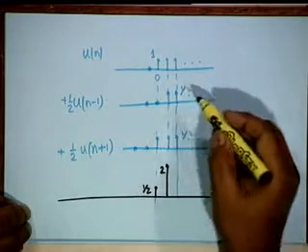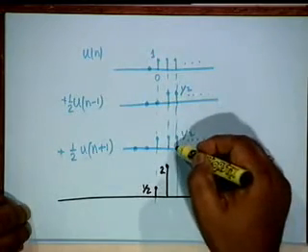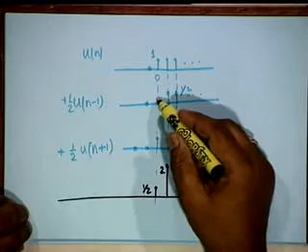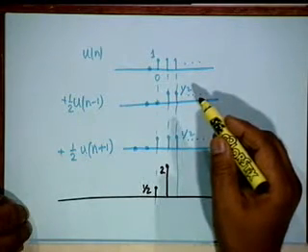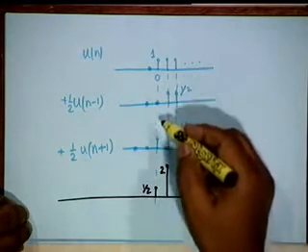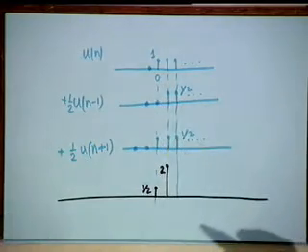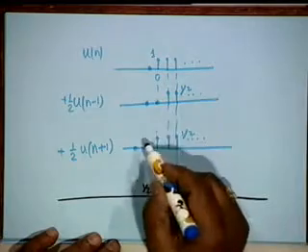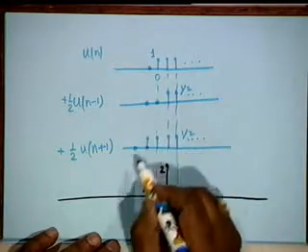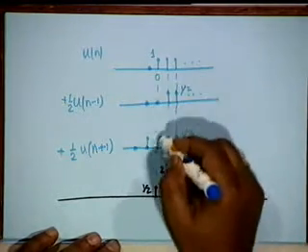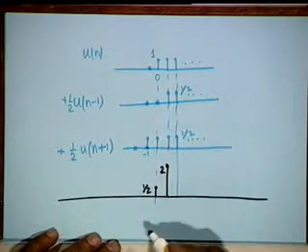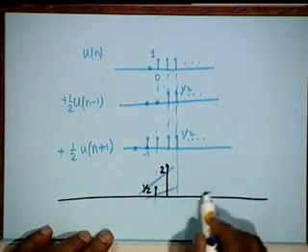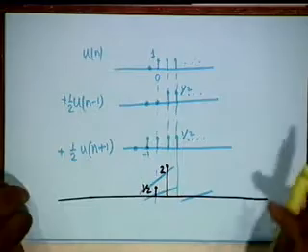I am sorry, I have made a mistake. U of n plus 1, I made a mistake. It starts from here. Agreed? This is 0, so this is minus 1, and therefore I beg your pardon.